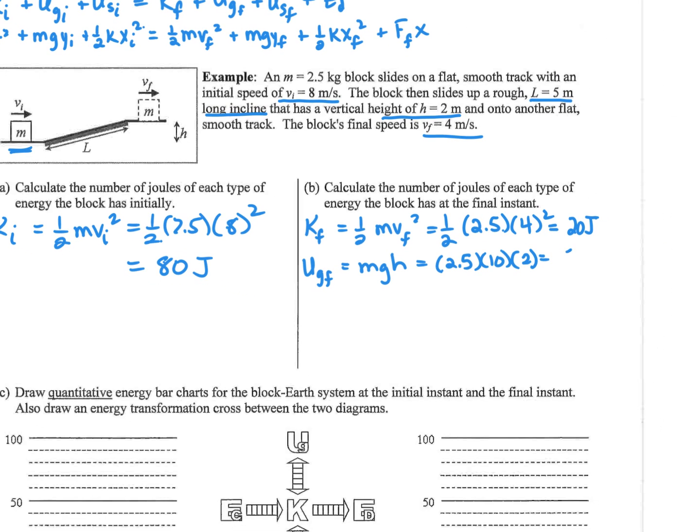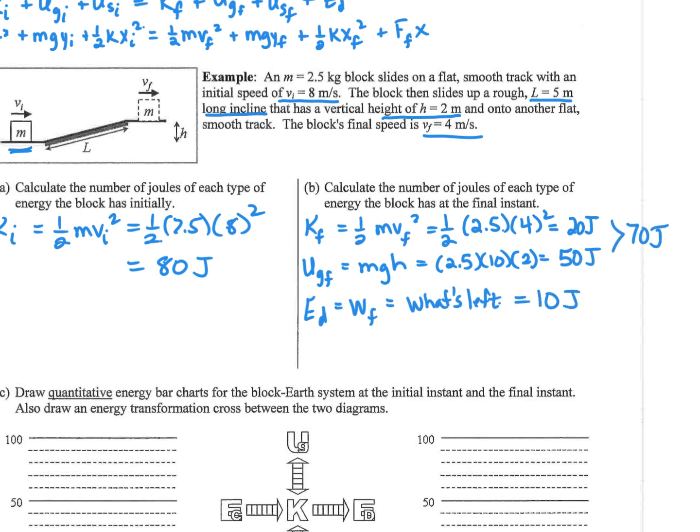So I can already tell you what it's lost to friction, and that would be work due to friction, which is, of course, what's left. This is 70 joules, so that would be 10 joules left here.